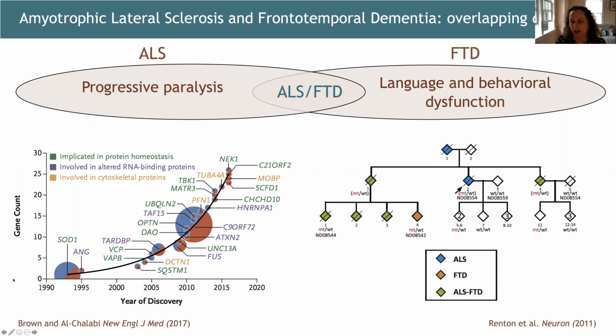And so what we proposed was that TDP-43 normally binds and blocks or represses the inclusion of this exon, leading to the normal formation of mature RNA that encodes the full-length STMN2. But when TDP-43 is deficient, there is a splicing and inclusion of this exon 2A, and then we can detect this abnormal transcript either by RT-PCR in cells with a knockdown of TDP-43 or by RNA-seq, as I have shown you.